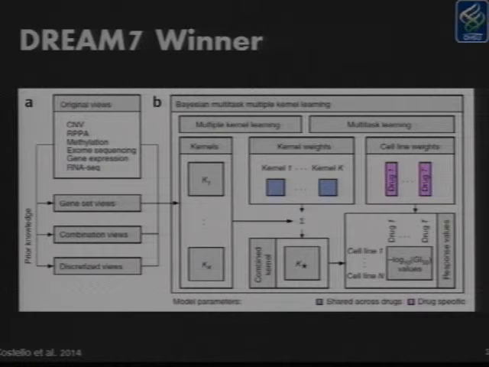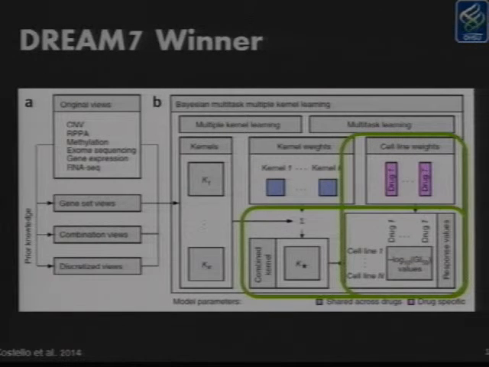This is a figure from their paper about this multitask, multi-kernel learning algorithm, where they combine information from all the drugs and all the cell lines through this type of matrix multiplication to this central object, in this case predicting the GI50 values across all cell lines and all drugs at the same time.